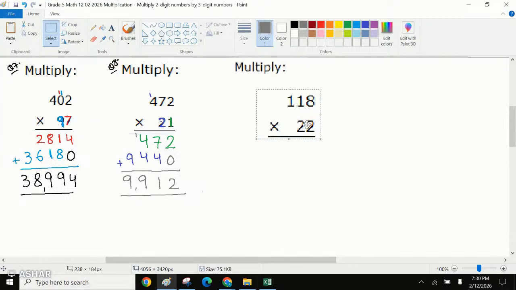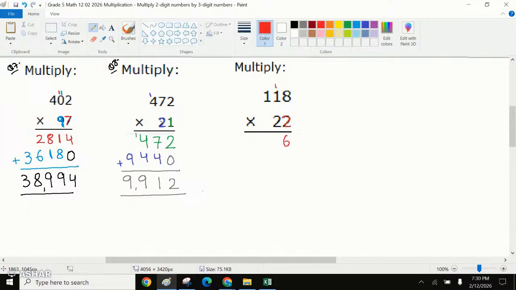When we multiply 118 by 22, we can say 2 multiplied by 8 was 16. We carry a 1. 2 multiplied by 1 was 2, plus 1 is 3. 2 multiplied by 1 is 2. Whenever we have the same digits, it's a very easy question. Why? Because when we were multiplying with the tens, it's the same number.